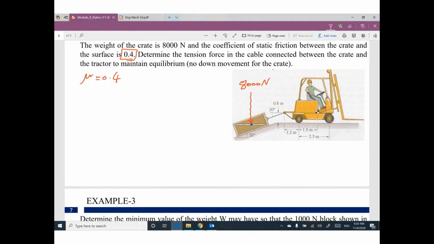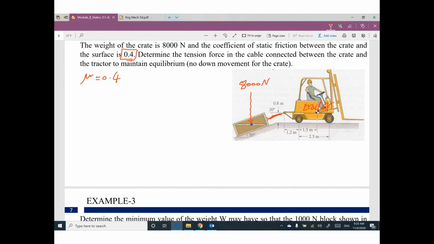Determine the tension force in the cable. I connect this box to a cable, and this cable is connected to this tractor, because I expect sliding will happen. This box will slide down.